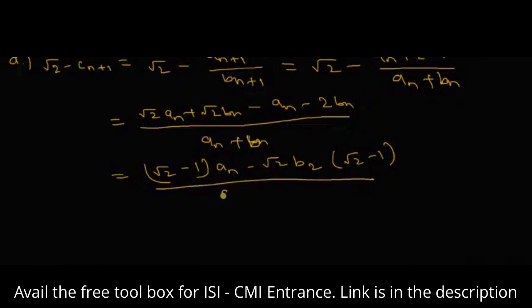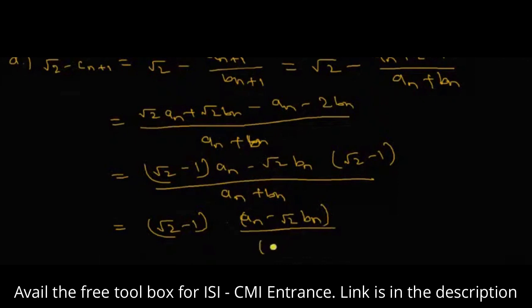Divided by a_n plus b_n. So this will be root 2 minus 1 times a_n minus root 2, sorry, here it will be b_n, divided by a_n plus b_n.